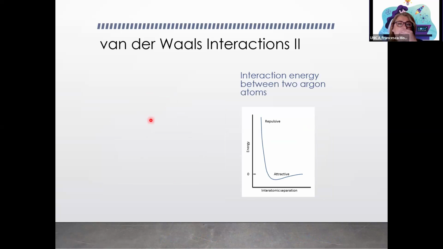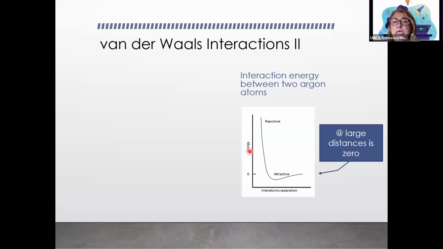Here is shown the interaction between two argon atoms. Here is represented the interatomic separation, and here is represented the energy. At large distances, the interaction energy is 0.